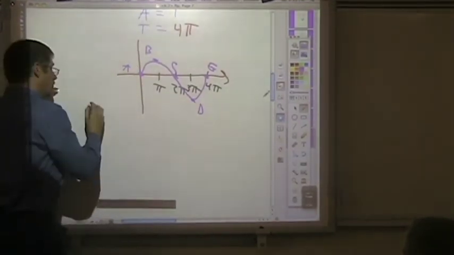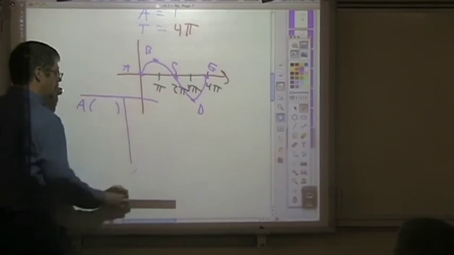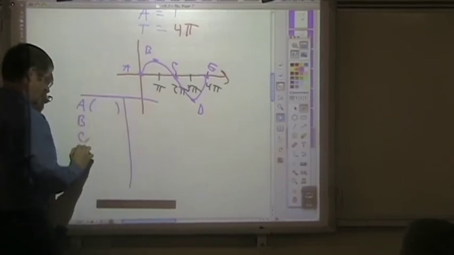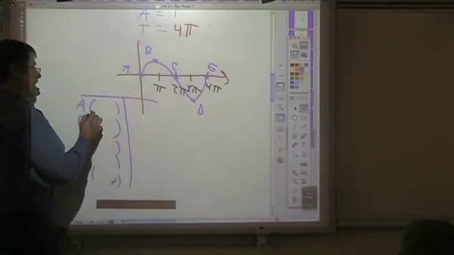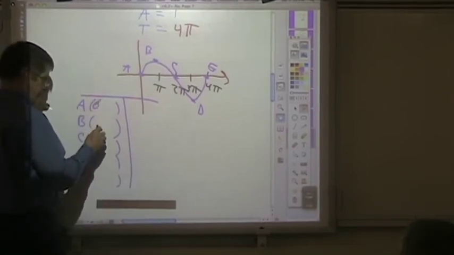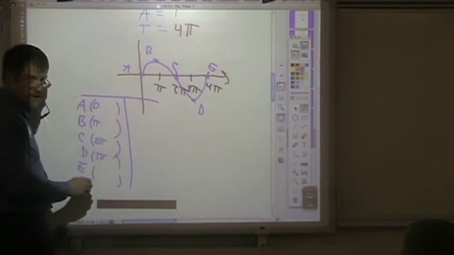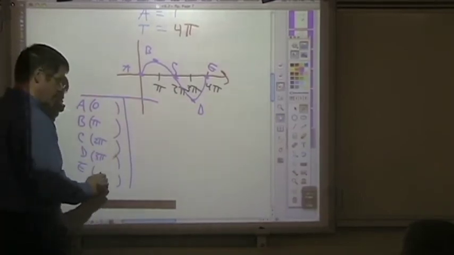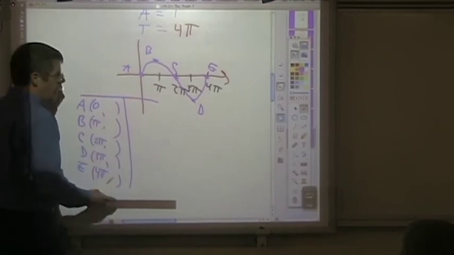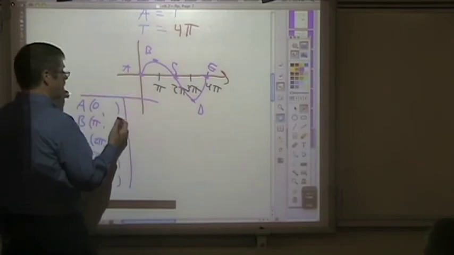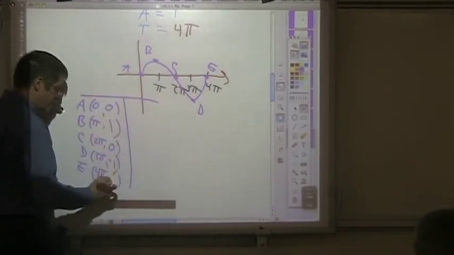In fact, what I'm going to do is just set up the unshifted ordered pairs A, B, C, D, and E right here. My x values are 0, pi, 2 pi, 3 pi. Can you see the purple okay on the camera? Okay, and then since the amplitude is 1, this just goes I mid, max, D mid, min, I mid.